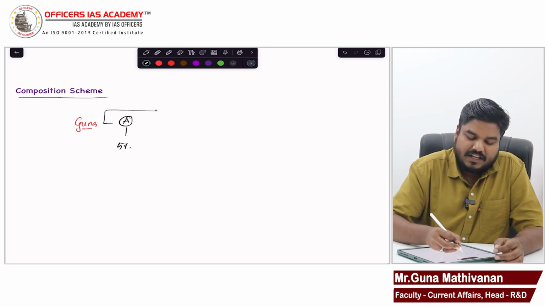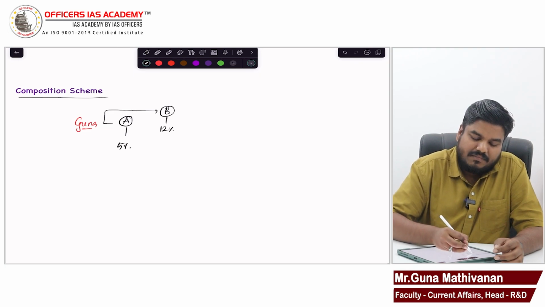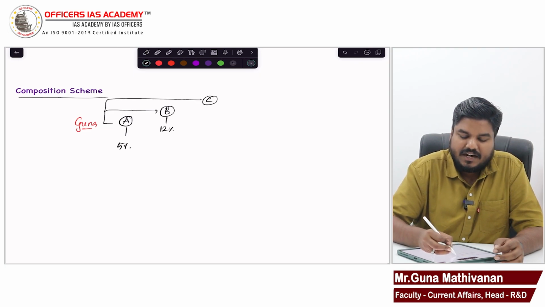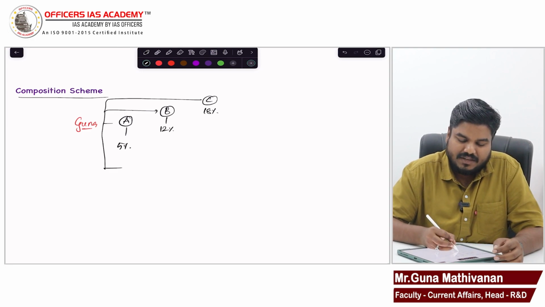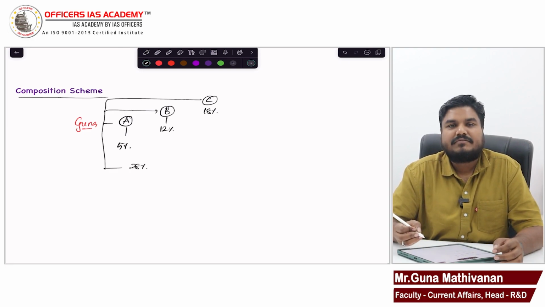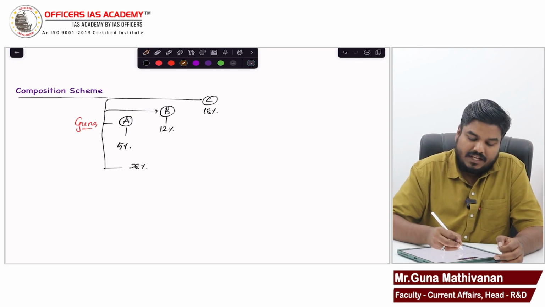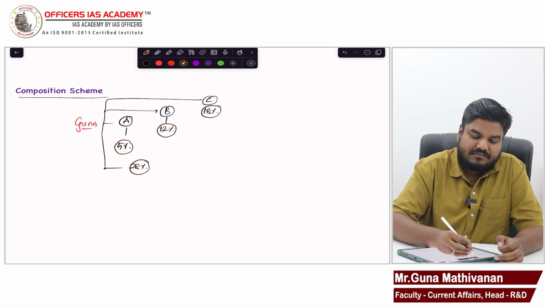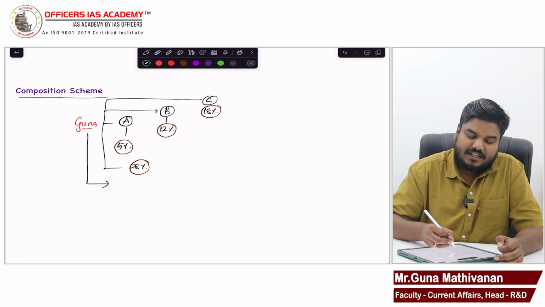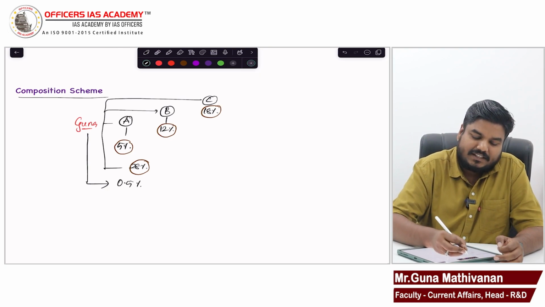Guna is also manufacturing item B, which is coming under 12%, item C, which is coming under 18%, and he also comes up with some items which are coming under the 28% slab. So Guna is coming up with various products, and each product is coming under different tax slabs. Some products, let's say, come under the 0.5 percent tax slab.